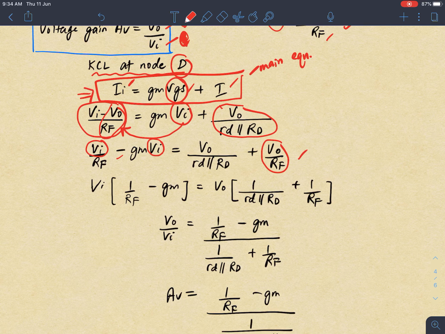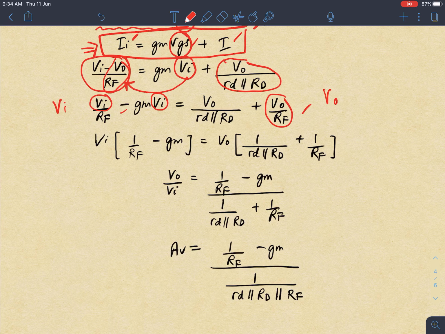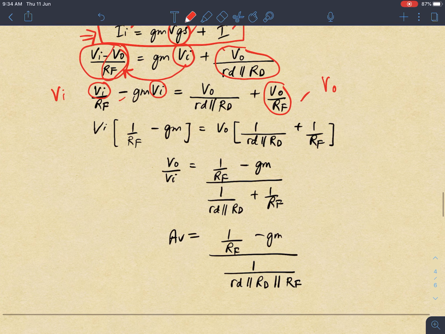Finally, you can see at the left side we have V in and at the right side we have V out, so we can switch actually. Take out the V in and take out the V out from the above equation to be like this.